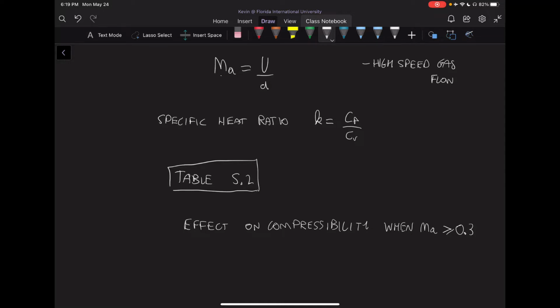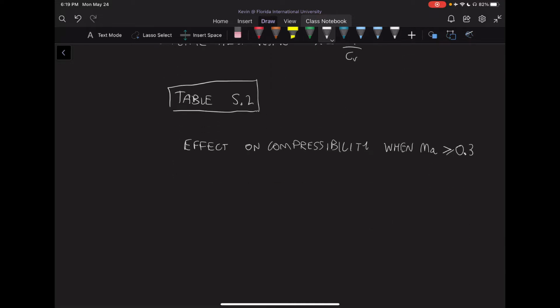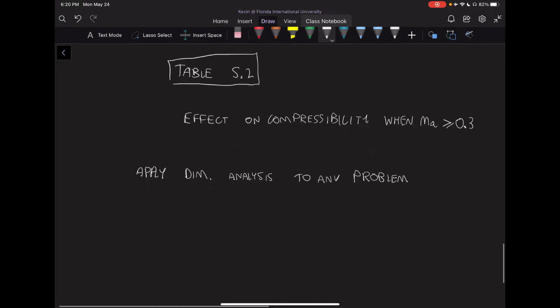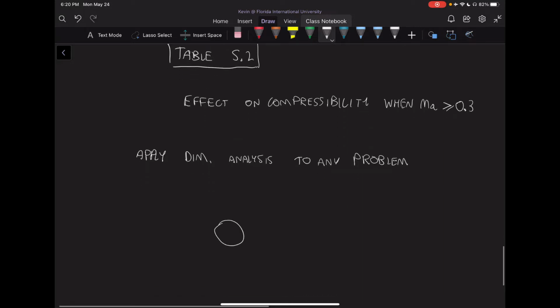So if, for example, we want to apply dimensional analysis to any problem, we can say, why don't we look at a certain flow, for example, around a sphere, and we have what we call submerged flow, so flow that is completely submerged in air, for example, or in some other fluid.